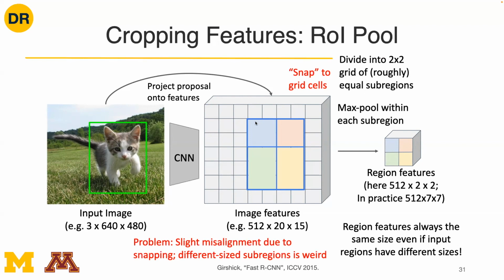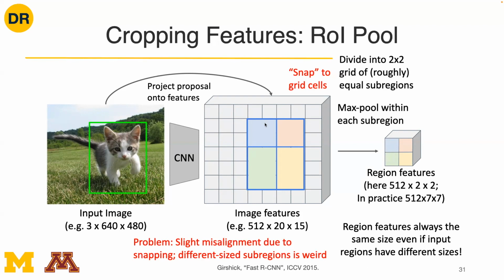The other issue is that this subdividing approach is sort of weird, because you're describing large portions of the input region of interest with fewer features than smaller portions. So again, this is another potential source of problems.